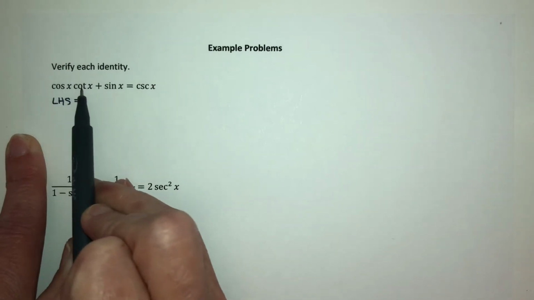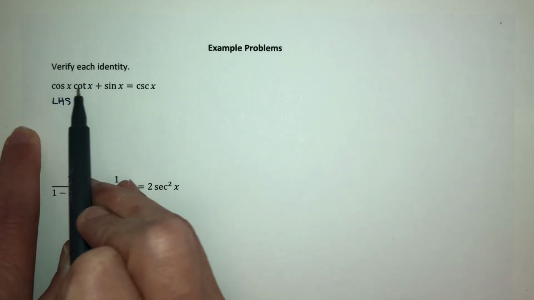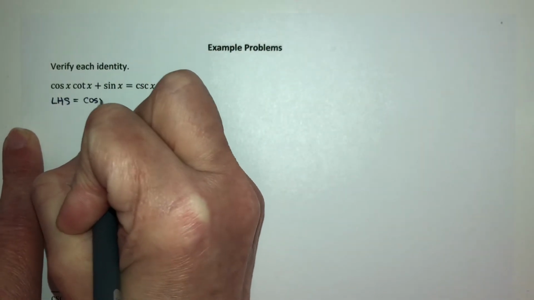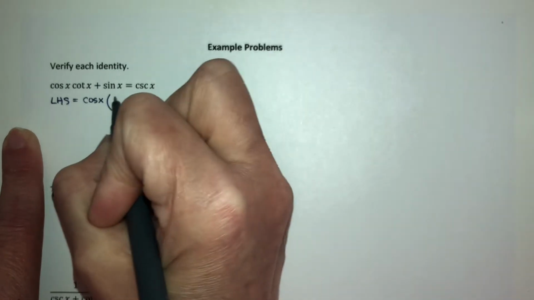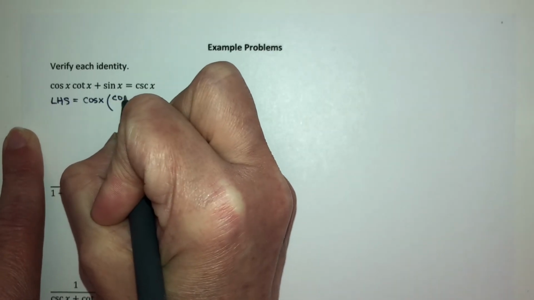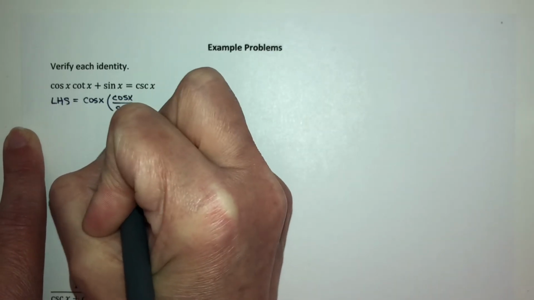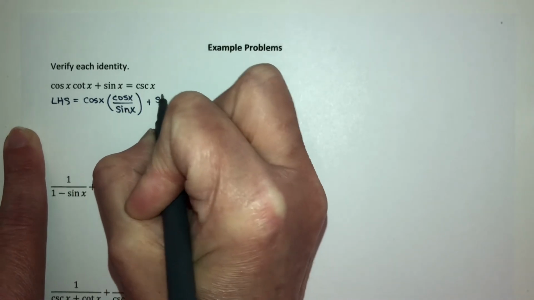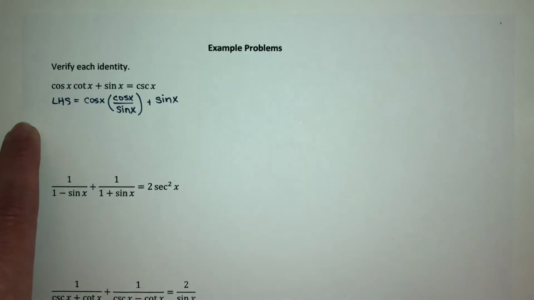So I'm going to transform this into sines and cosines. So what I have here is cosine x times cotangent, which is cosine x over sine x, plus sine x.